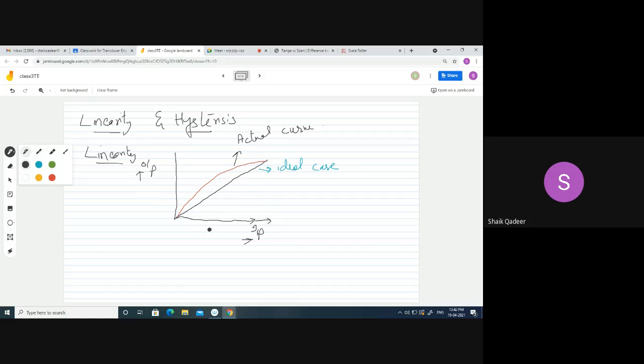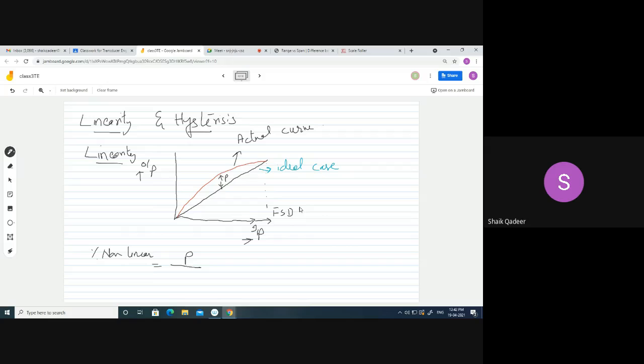At which place are you observing maximum deviation? Is it at this place? Find out this peak. Let us represent this with P. Then the percentage of non-linearity is equal to the P value divided by FSD.